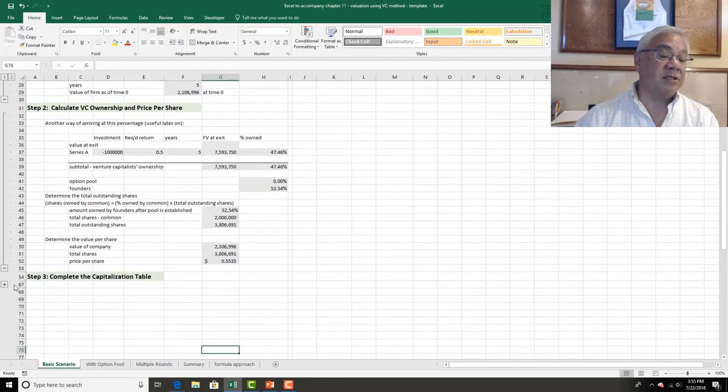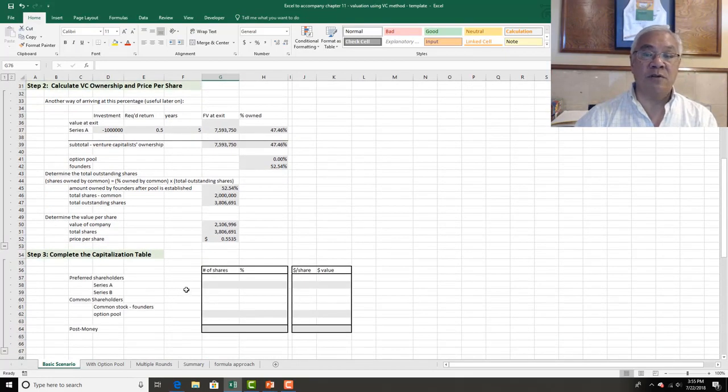So the cap table, as mentioned, is just an organized way to see who owns what. So we'll start with Series A because that's where we're at. The percent they own is 47%. The common shareholders will own 54%. The number of shares owned by the common shareholders is what they've always had, 2 million.